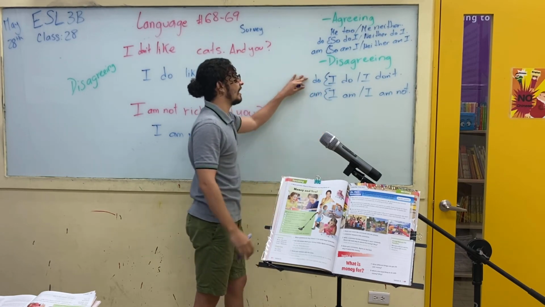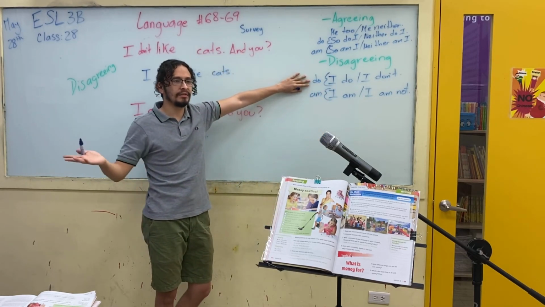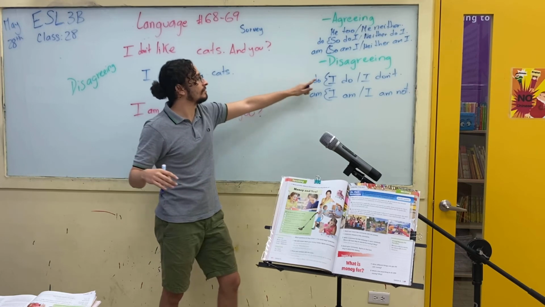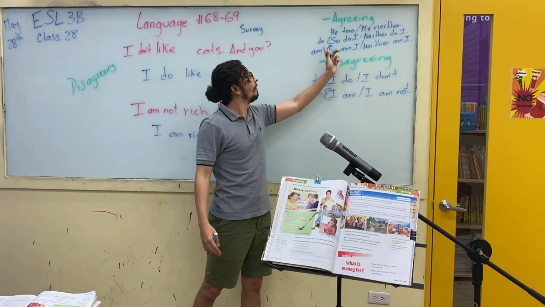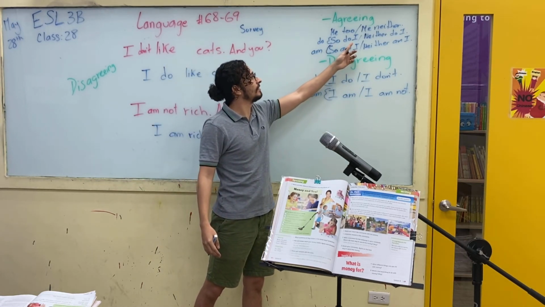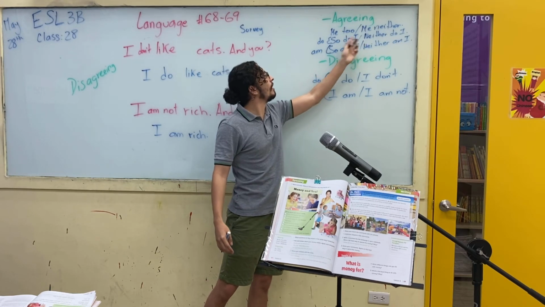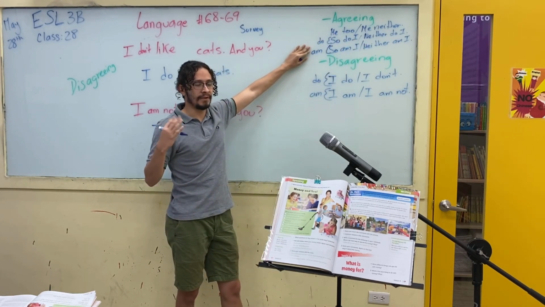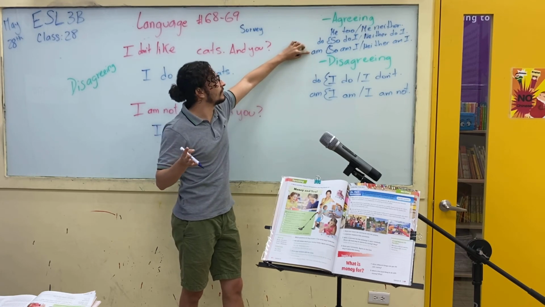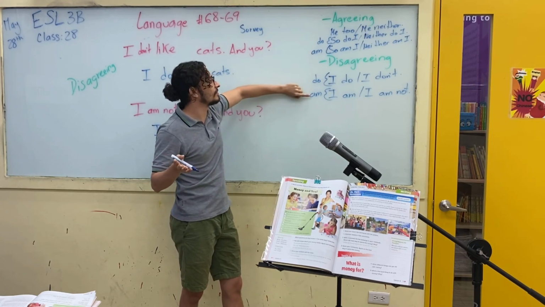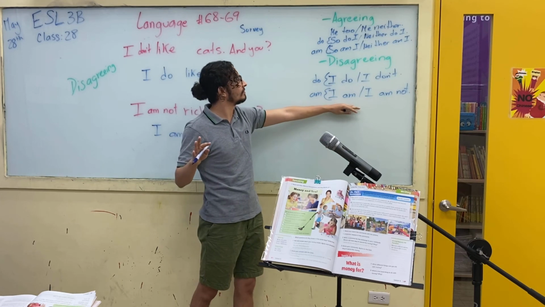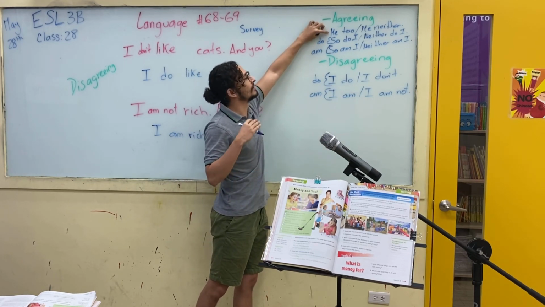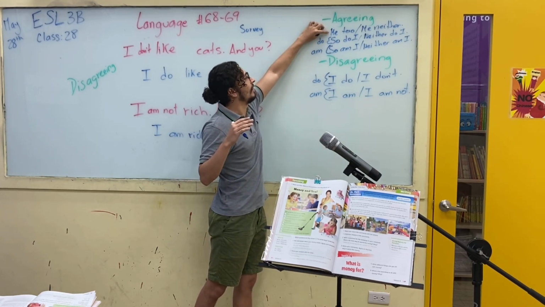So if somebody says, I do like going to school, you can use these two. Or I do like to eat candy. So you can use one that has the do. And if I say I am very fast, you can use this one to agree, or you can use this one to disagree.